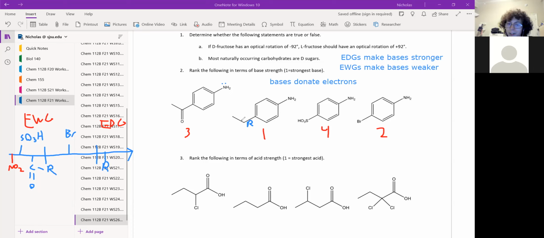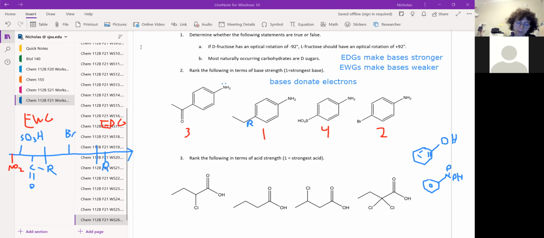And just remember, in the event, which is very possible, that instead of having an amine and being asked to rank the base strength, you have an alcohol or a carboxylic acid, then you'll be asked to rank these in terms of their acid strengths. And then just remember these trends, EDGs making bases stronger and EWGs making them weaker, are reversed.